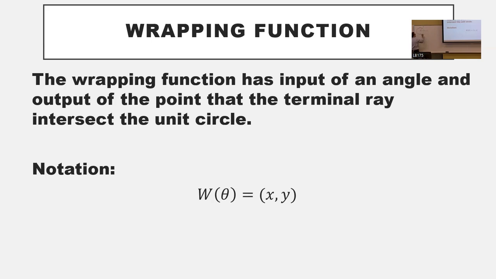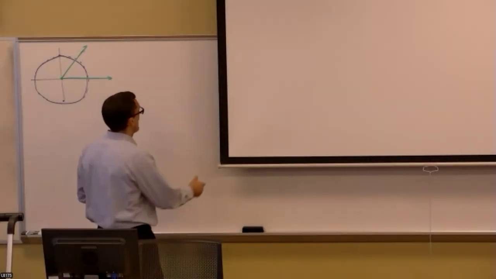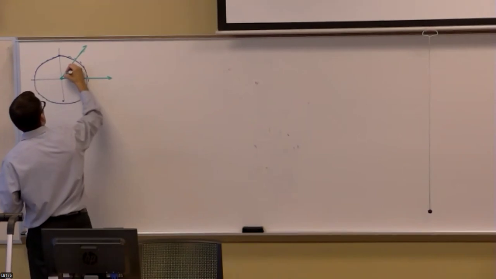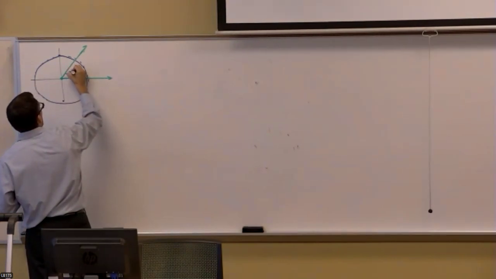But the terminal ray is going to have to intersect that unit circle at some point. Whatever angle this is, we're going to call it the Greek letter theta.